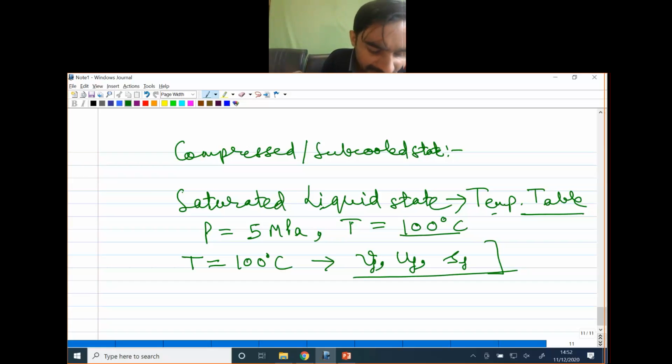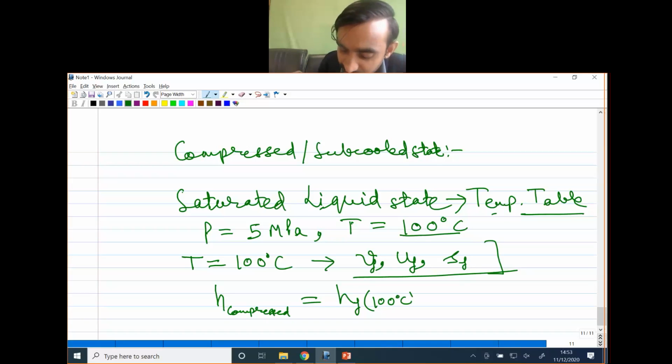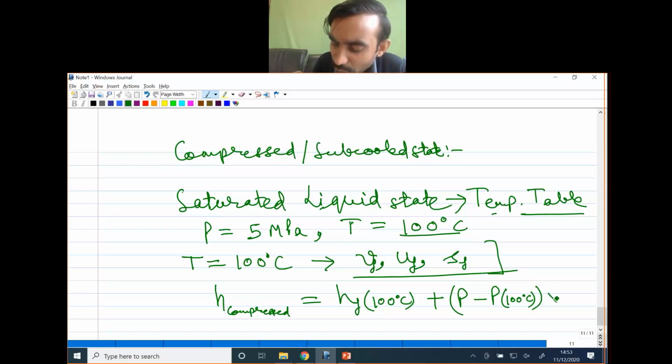Okay. Now how to find enthalpy? For enthalpy, we will find that the enthalpy of the compressed state is nothing but equal to enthalpy hf at 100 degrees Celsius plus our given pressure minus the saturation pressure at 100 degrees Celsius, times the specific volume at 100 degrees Celsius.